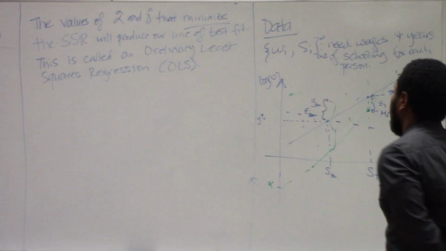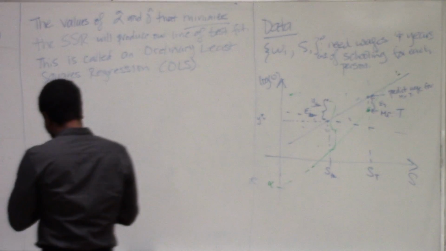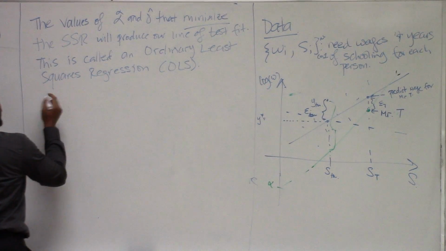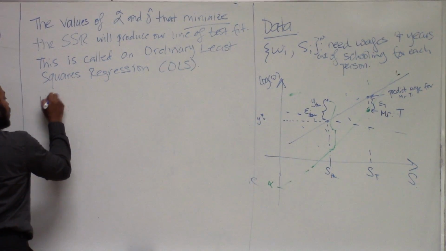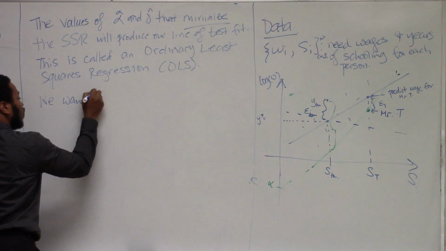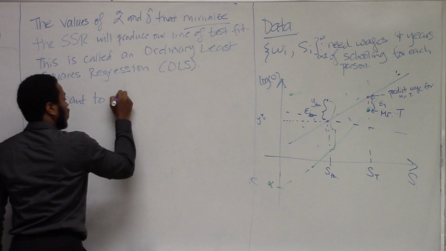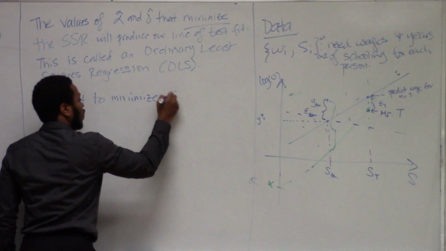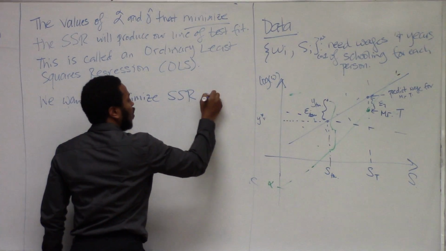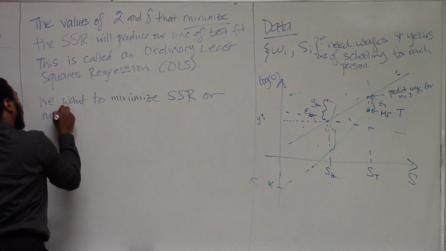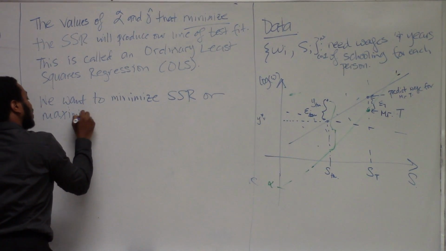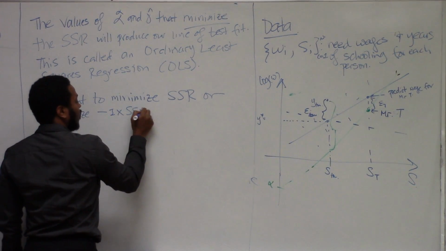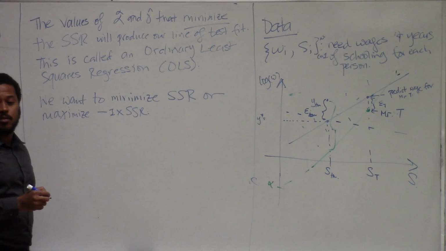So we want to minimize SSR, or maximize minus 1 times SSR. Does that make sense?